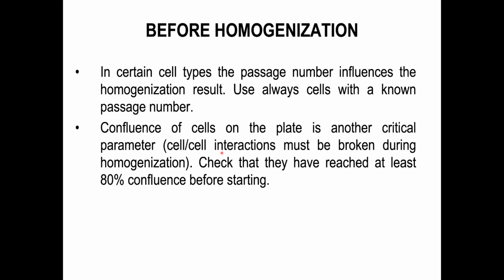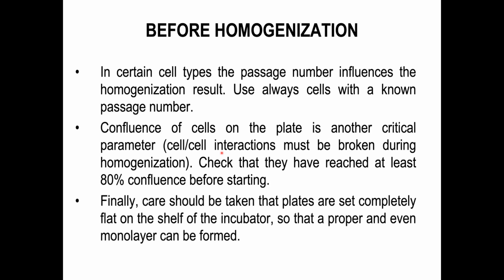So that means the confluence of the cells is a very important parameter for you before you start. And then a very easily understandable technical note from my side: be careful when you transfer your plates into the incubator.